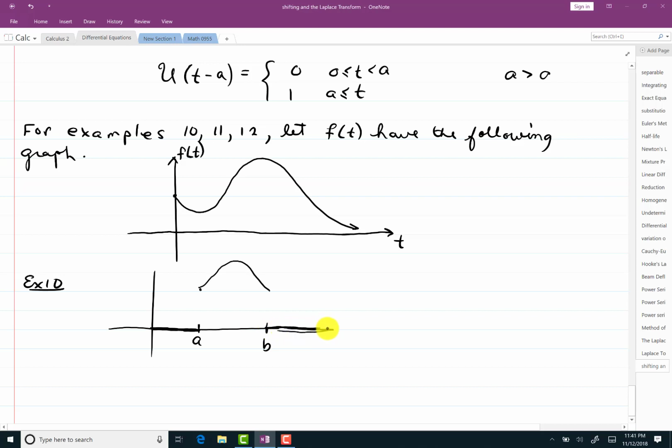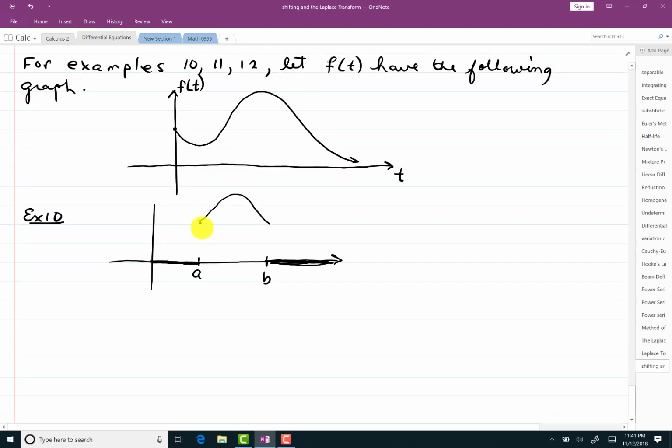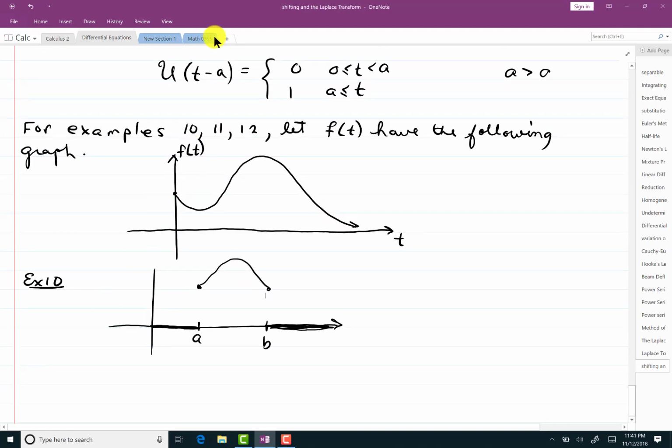So I'll try to make these solid so you can see that. So basically, here's the idea. We've got this function that has been turned off until you get to A, then it's on between A and B, and then it's off again. So the question is, how do I represent that using this thing?